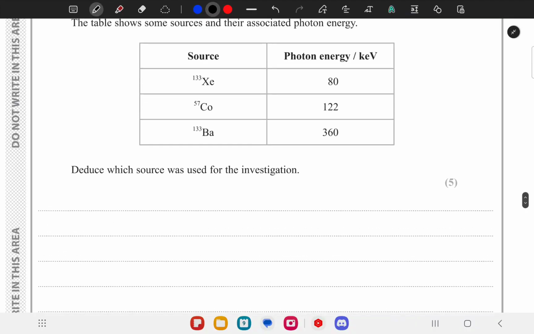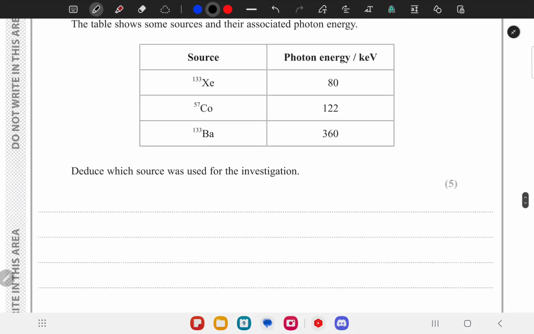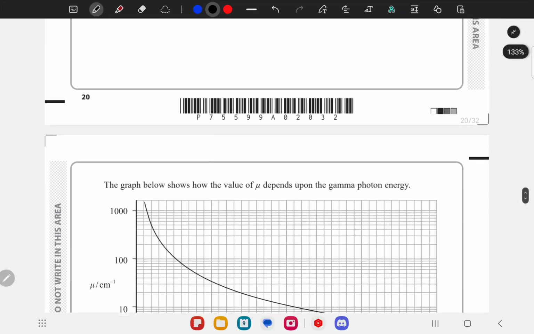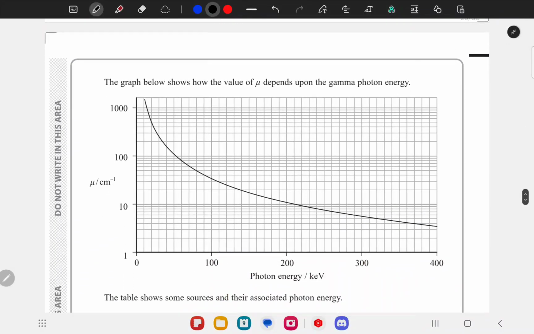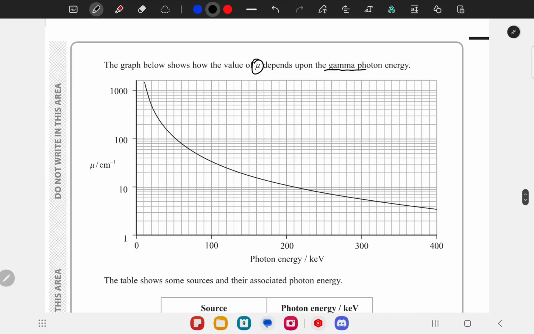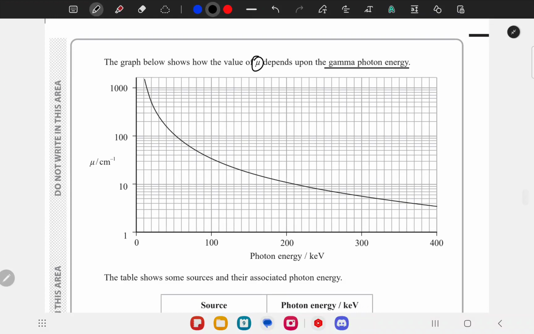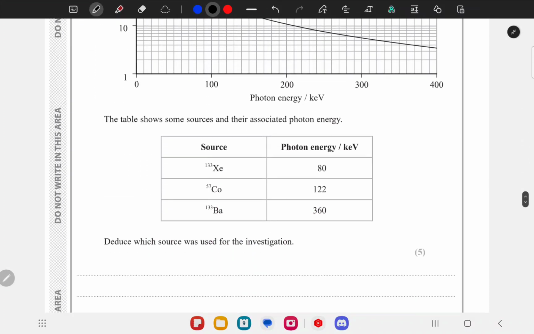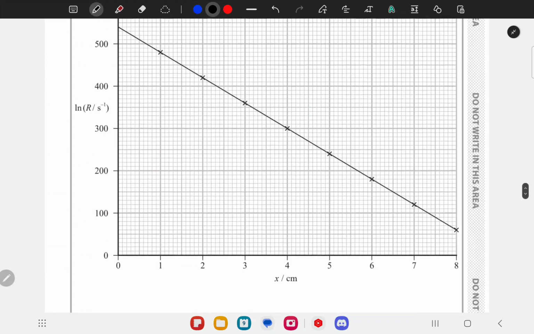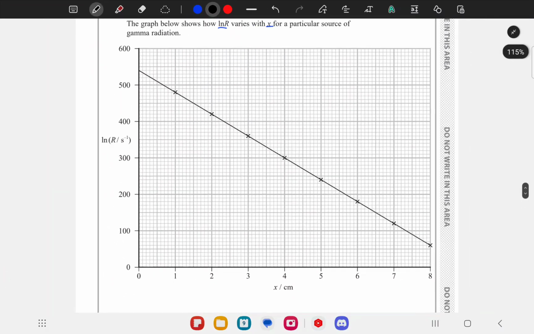If we look further into the question, we are also given how mu depends upon the gamma photon energy, and then we are given some gamma photon energies of different sources, and we have to find which source was used for the investigation. So from this graph we have to find mu.